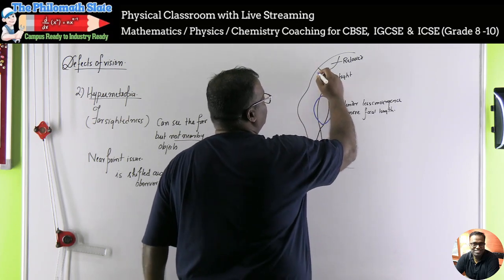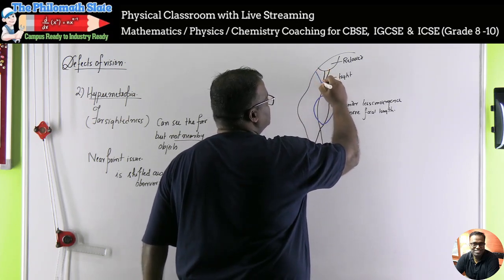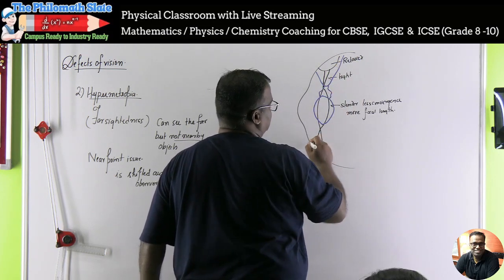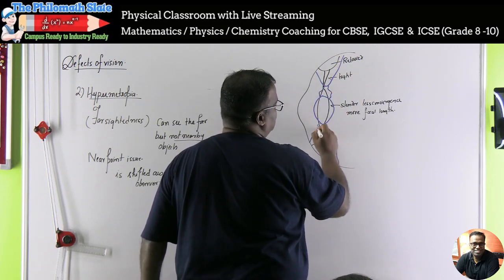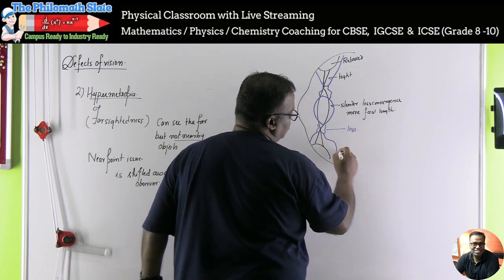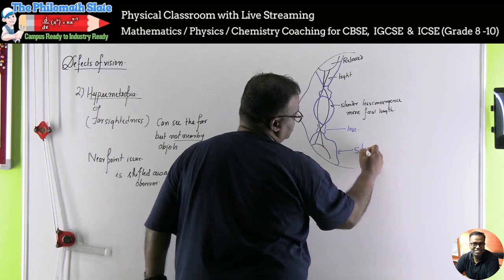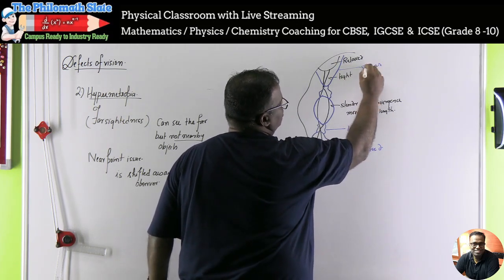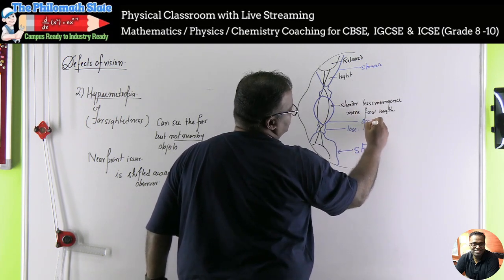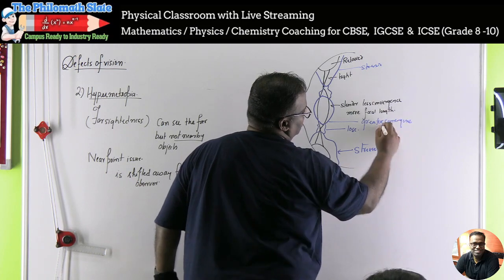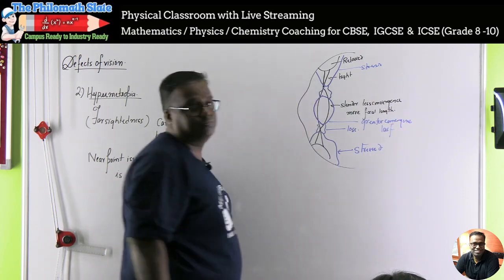So this particular muscle now gets stretched, and these are loose. Now what is happening? This is loose, right? What about this? This is stressed. So what are you getting? Greater convergence, less focal length. Have you understood?